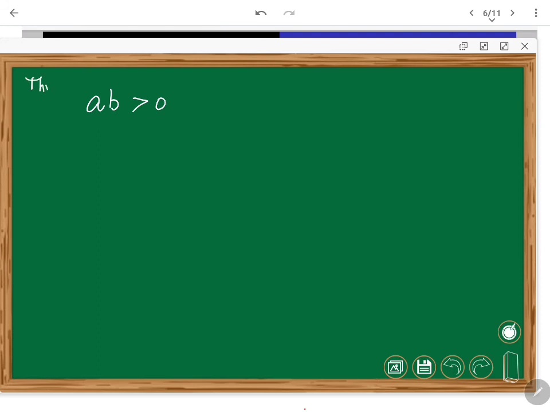This is another fact or a theorem I will write. If AB is greater than 0, then two possibilities will occur, right? One, A greater than 0 and B also should be greater than 0 in that case.